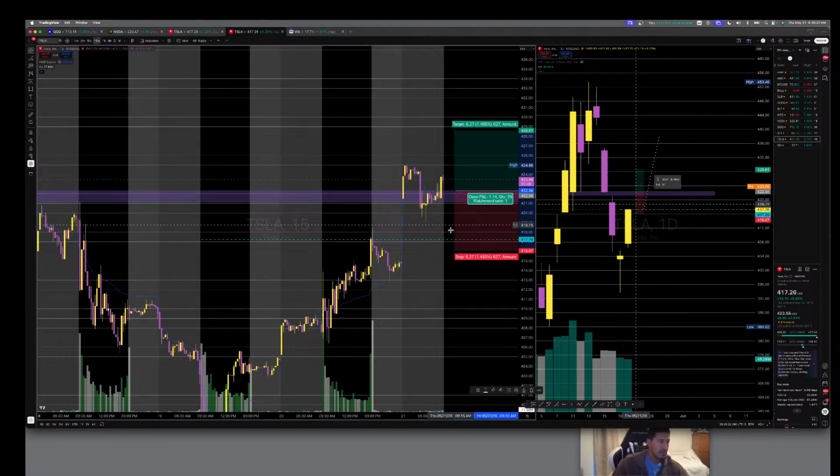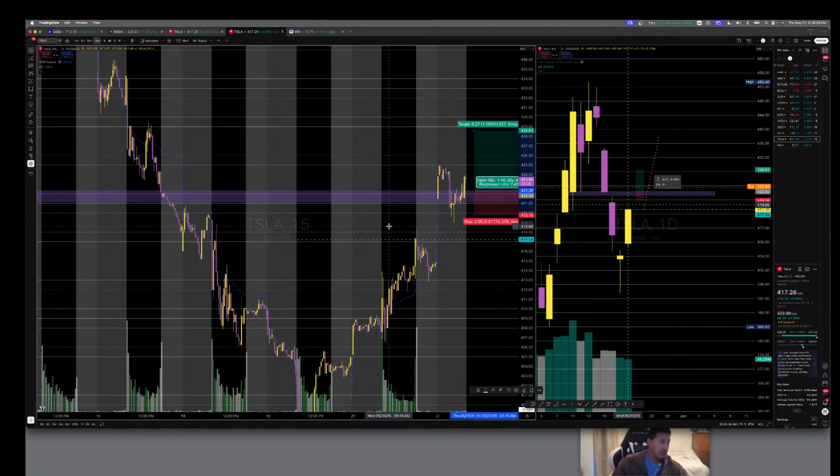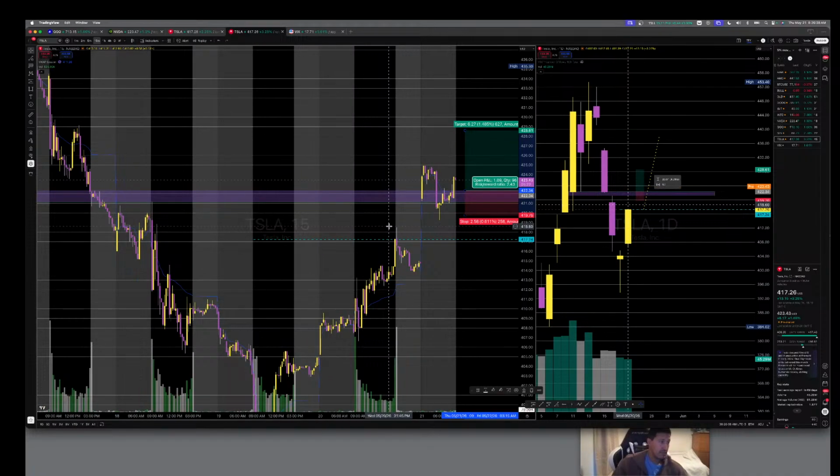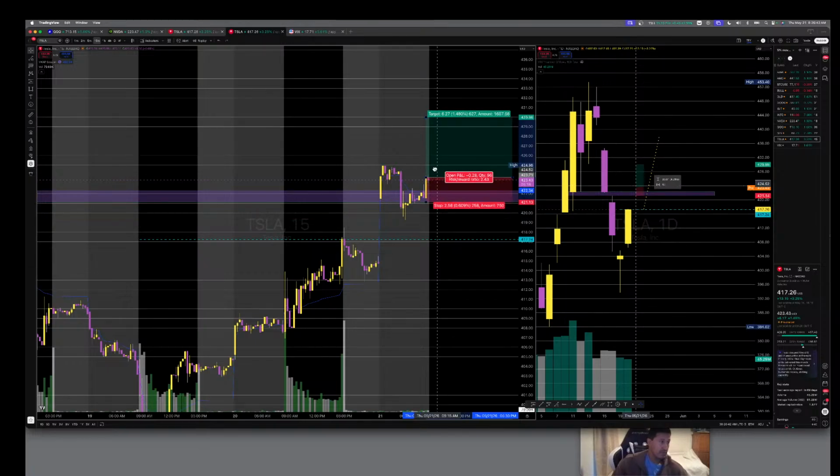I mean, you're the strongest one so far. It's clear you're above where you're supposed to be. Stop range is tiny though. You could be a gap and go kind of play. You could definitely go gap and go.